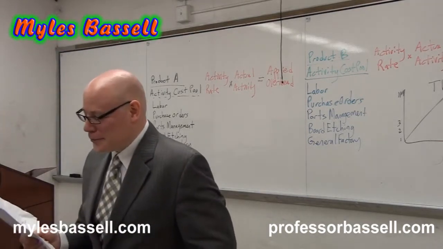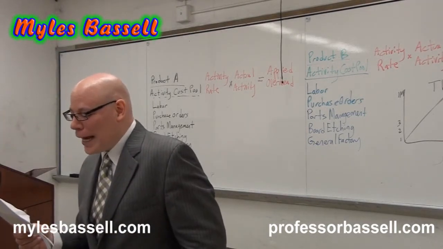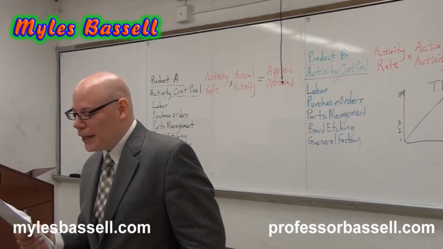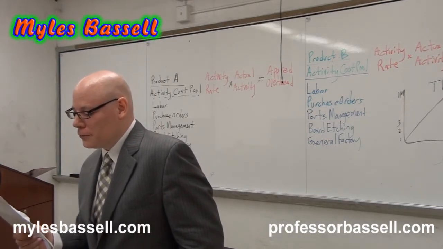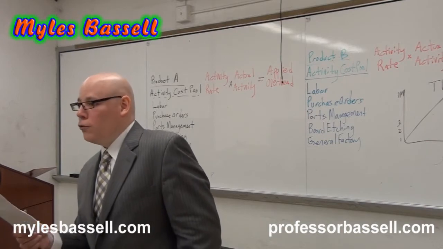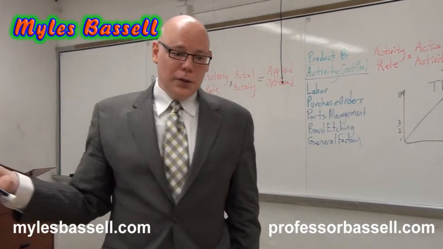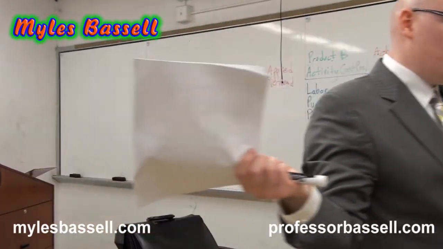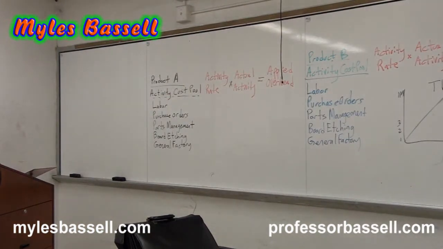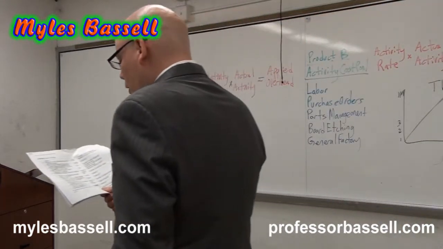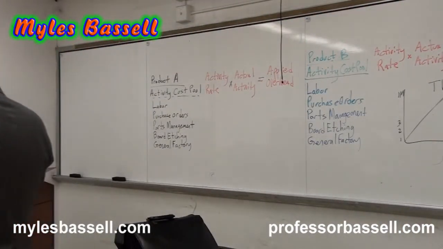Good answer. All right. The plant controller prepares periodic accounting reports. So this controller works in Mary's office. So this is a facility level, and then how are we going to allocate the costs of the plant controller?